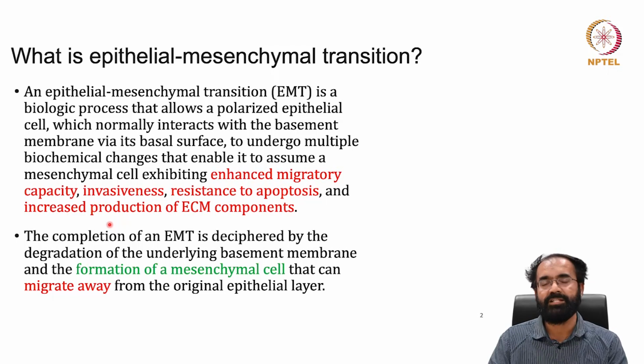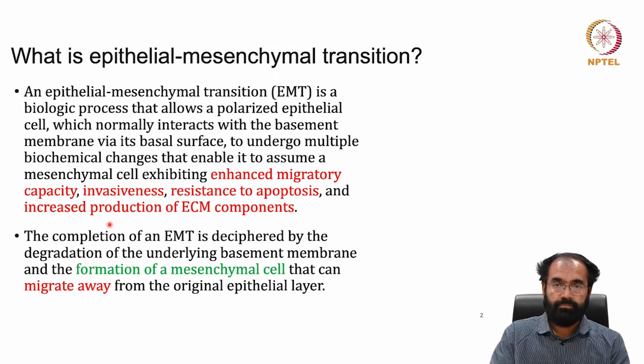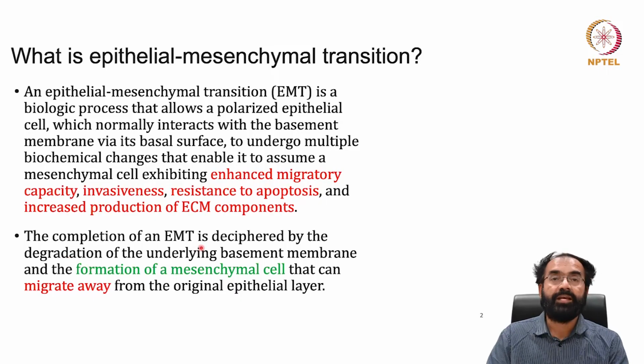This is needed for the mesenchyme. So in a nutshell, you can say epithelium is a stagnant cell and the mesenchyme is a migratory cell. The completion of EMT, that is epithelial to mesenchymal transition, is marked by the degradation of the underlying basement membrane and the formation of the mesenchymal cells.